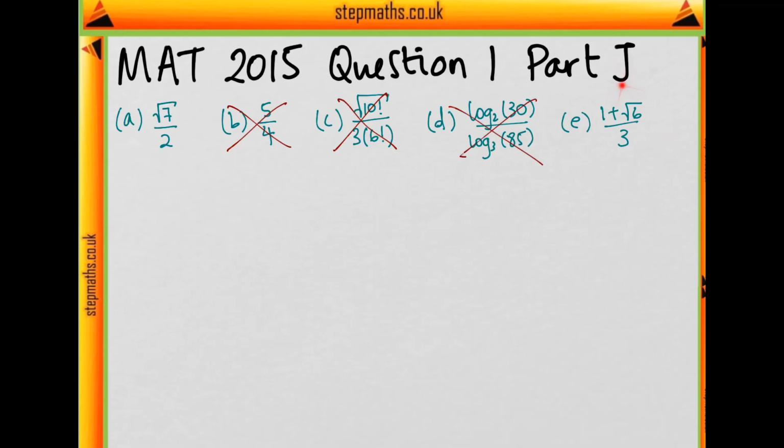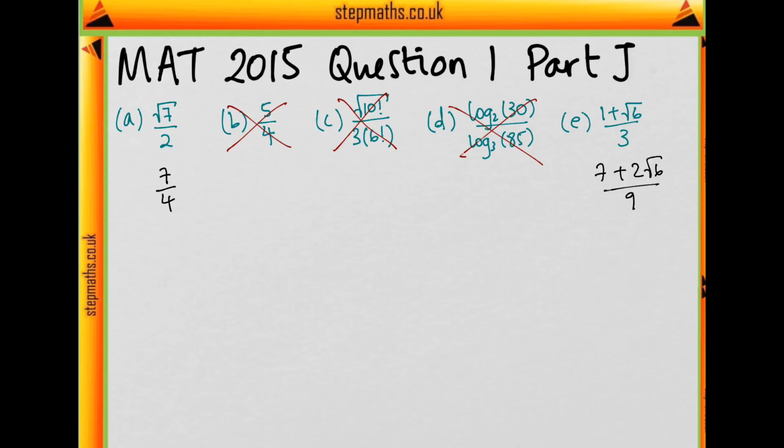So now we're just left to compare E and A. Once again, we've got these annoying square roots, but we can't really compare, so let's square them both again and compare their squares like we did before. So we have 7 over 4, and squaring the other would give us 7 plus 2 root 6 over 9. At least we've only got one square root now.